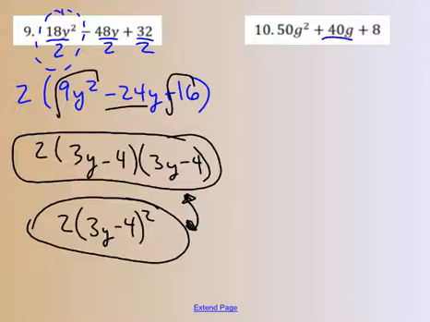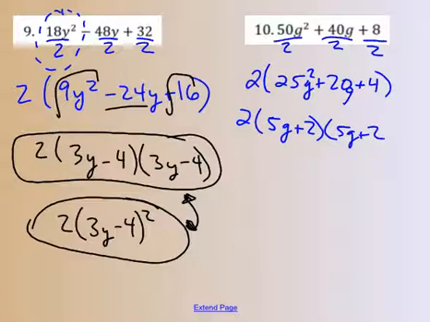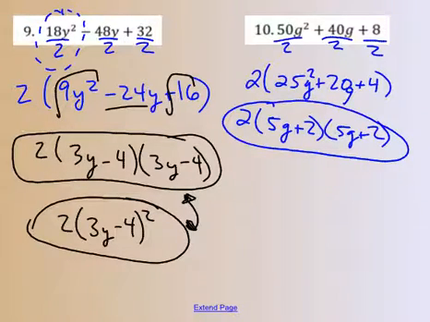Going back over to 10, I see 2 again, and I'd have 2 times 25g plus 20 plus 4. Well, then that's going to be 2 times 5g plus 2, 5g plus 2. 5 times 2 is 10, so 10 plus 10 is going to be 20g. So I like how this one turned out as well.